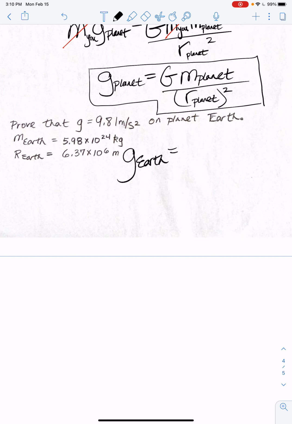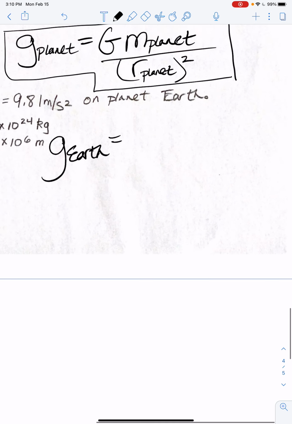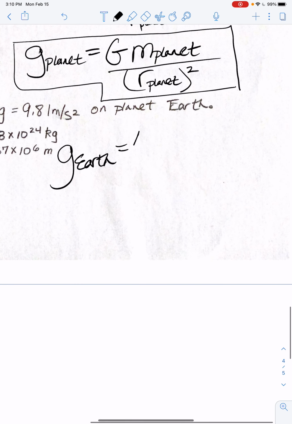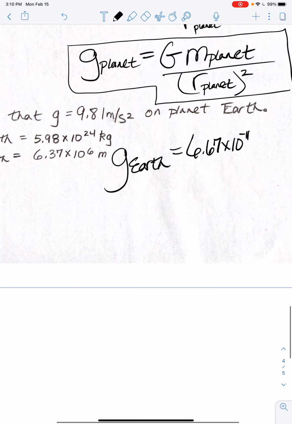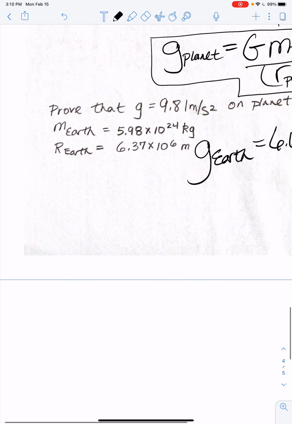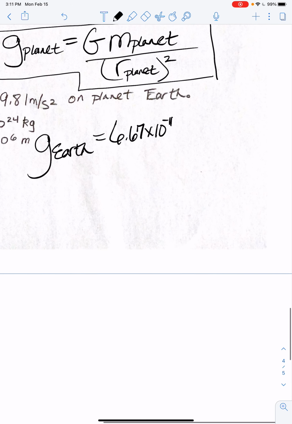You could plug in here, and this is what I believe we did in class. So if you didn't get this right in class, you should definitely try and plug this into your calculator again. We have the mass of Earth here and the radius of Earth. So the mass of Earth is 5.98 times 10 to the 24th.